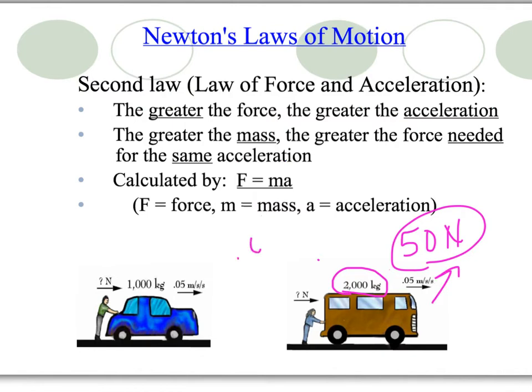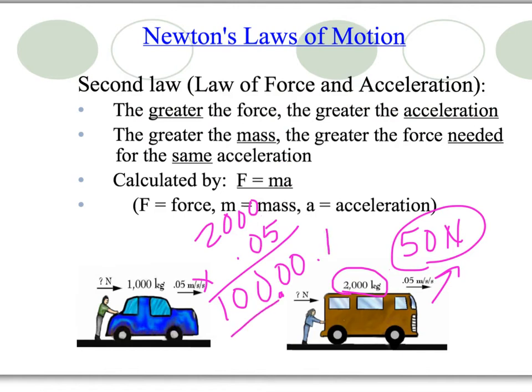Well, 0.05 times 2,000, when we multiply, we get 10, and we have to move our decimal over 2 places. So our answer is 100 newtons. In fact, it would take double the force to get the same acceleration when your mass is doubled.